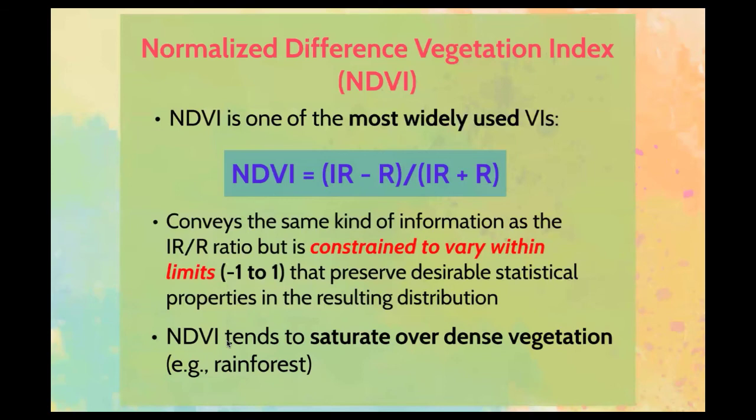Let me just try to translate this a little bit. Some people try to use NDVI to analyze the change in dense vegetation areas, for example, the tropical rainforest. We're not really talking about deforestation, that sharp of a change.